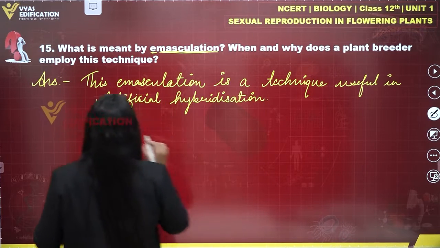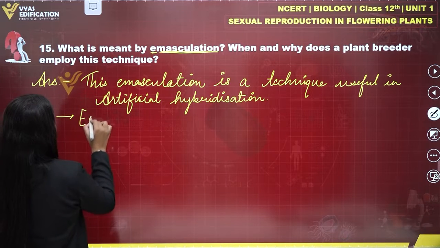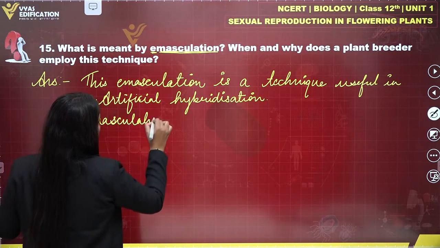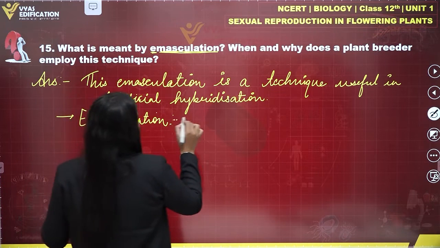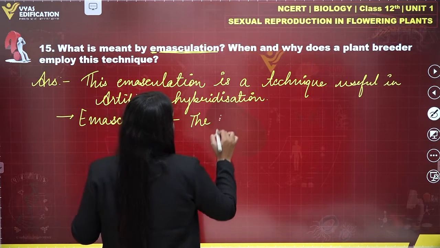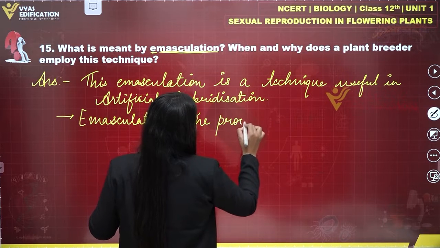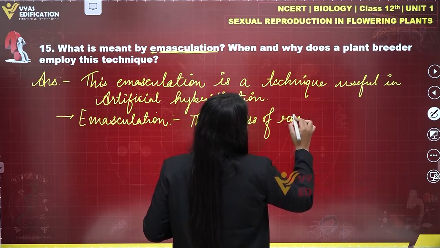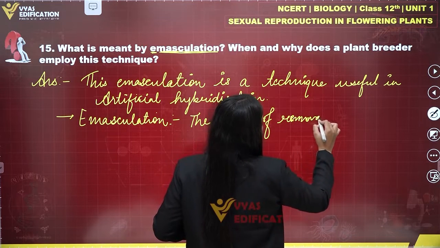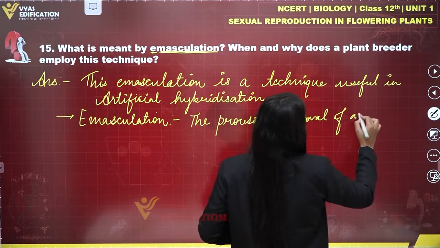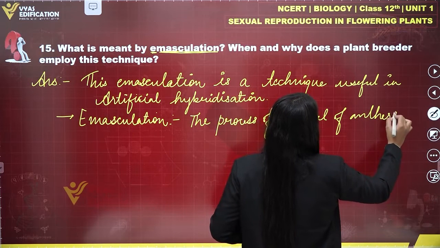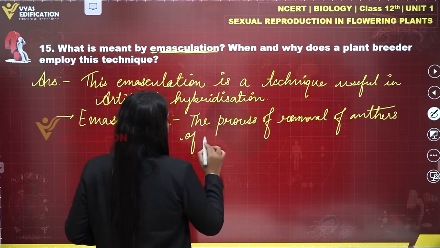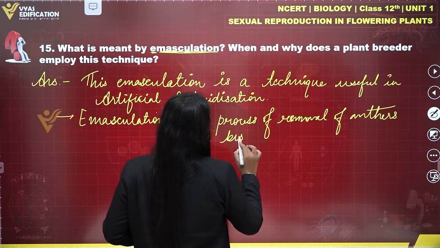Emasculation is the process of removal of anthers of a bisexual flower.